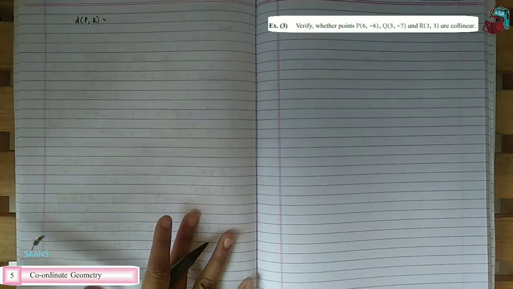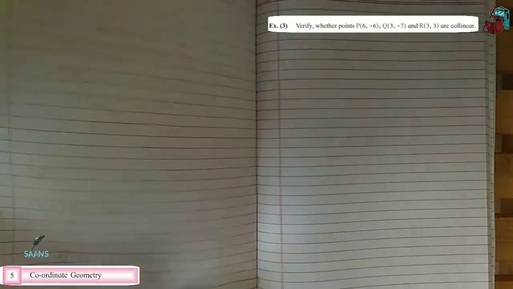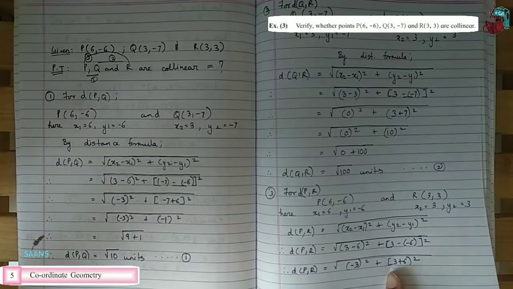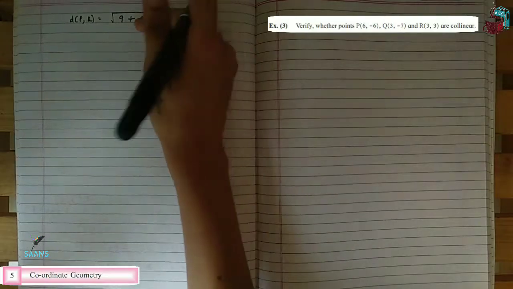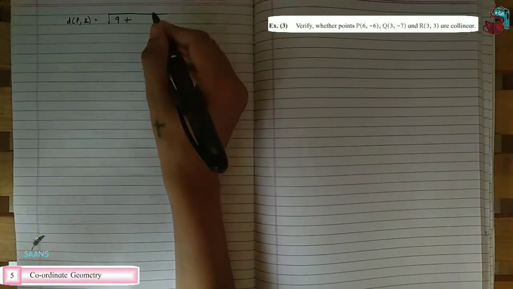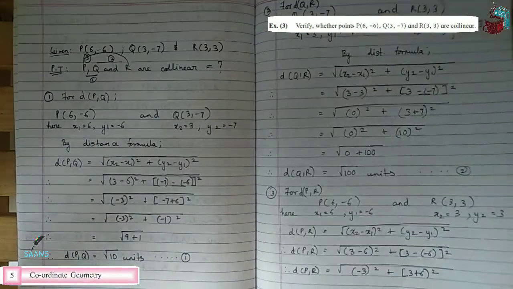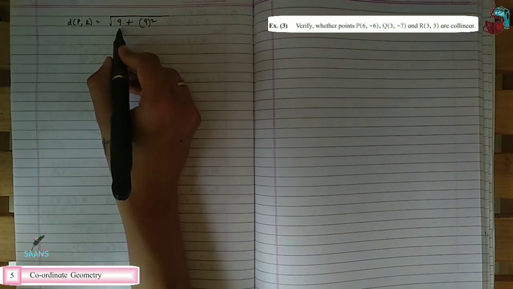Therefore, distance PR is equal to under root (minus 3) the whole square is 9 plus 3 plus 6 is 9, so 9 square is 81.